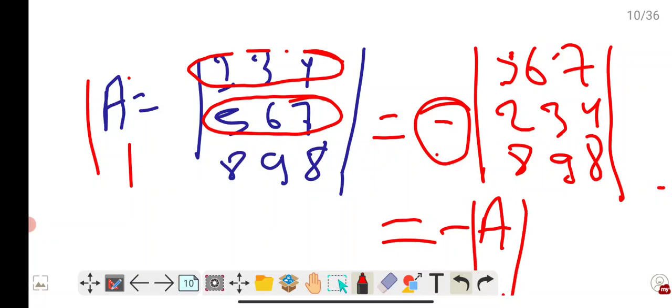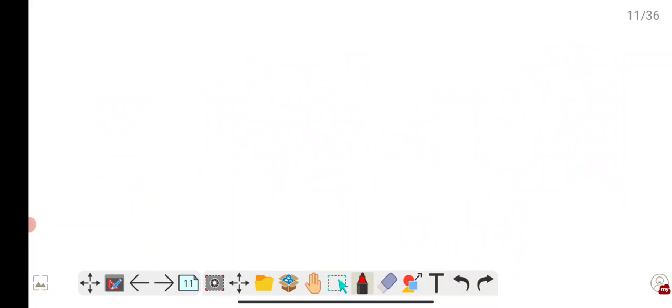Now let's move towards our third property. Our third property is: if two rows of a determinant are equal, then its determinant is equal to 0.